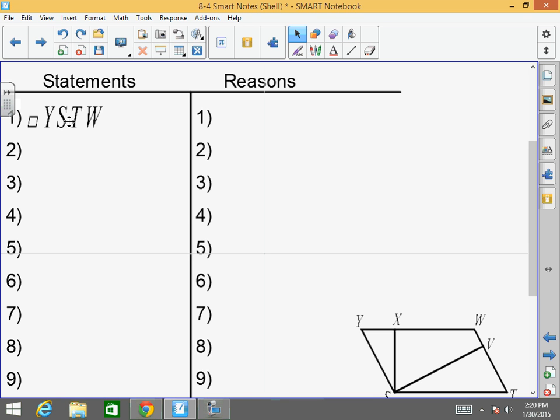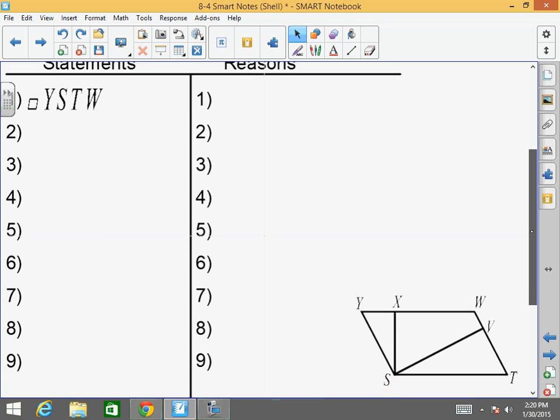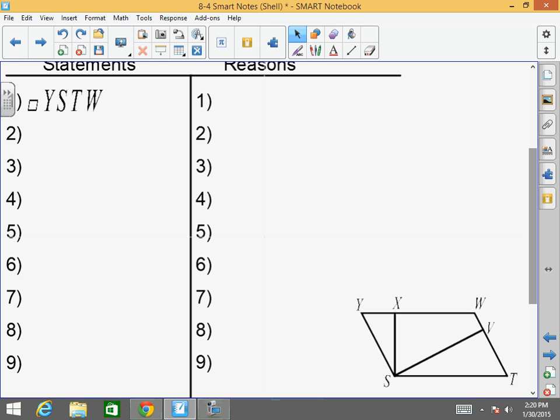All right. Number one, they are saying that you have parallelogram YSTW. So YSTW, the main figure here, is a parallelogram. And of course, that's given.